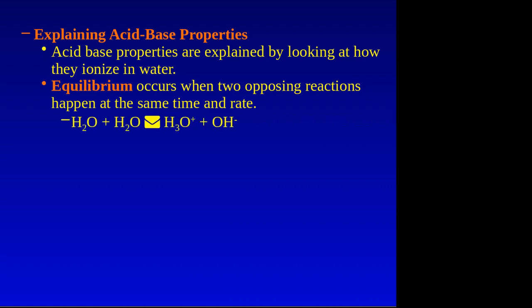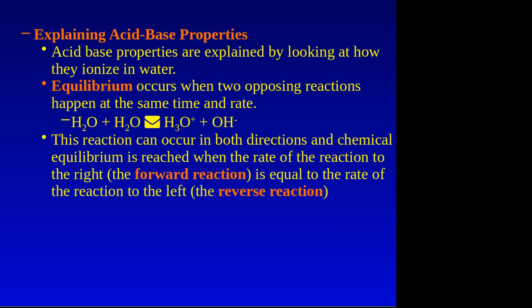And here is an example of a chemical reaction where water plus an ionized water, H2O, produces hydronium ions. And this reaction can occur in both directions. So the reaction is going backwards and forwards until it balances.